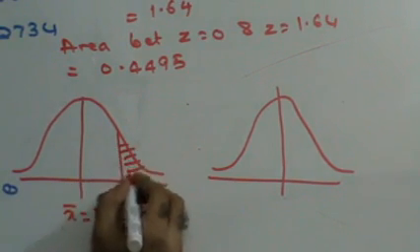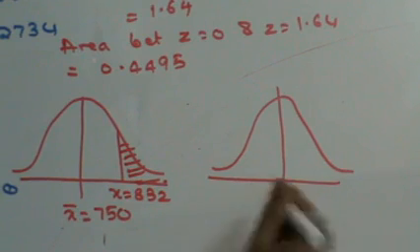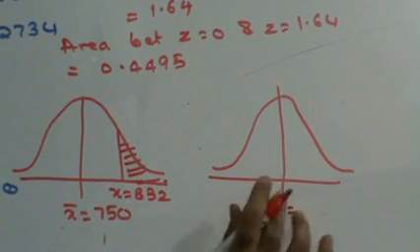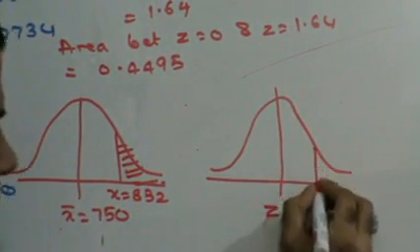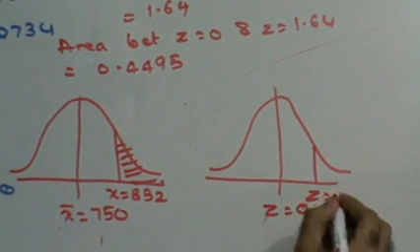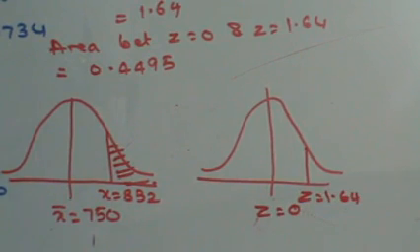Exceeding 832, that means I want this region. For normally distributed data, the mean line is called Z is equal to 0, and this is going to be Z is equal to 1.64. We found the value of Z as 1.64.